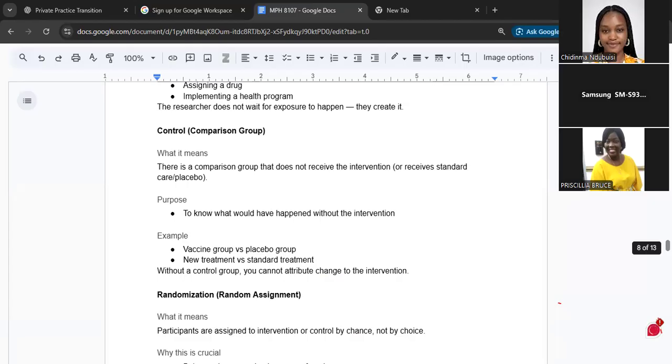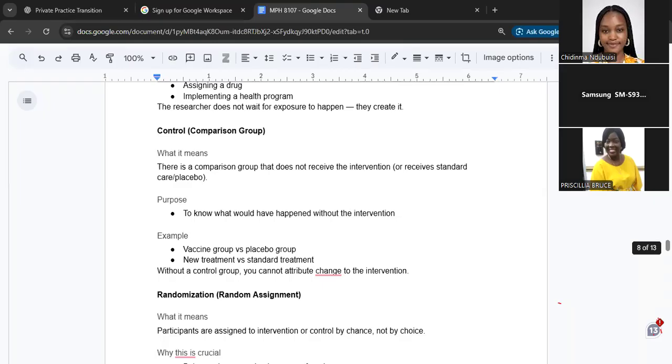We can say, okay, there's a drop in prevalence before and after, but if we are talking about a true experiment, there will be a group that do not receive that vaccine so that we can say, oh yeah, look at it. There were 50 in group A and 50 in group B, and we gave group A the vaccine, and we did not give group B the vaccine.